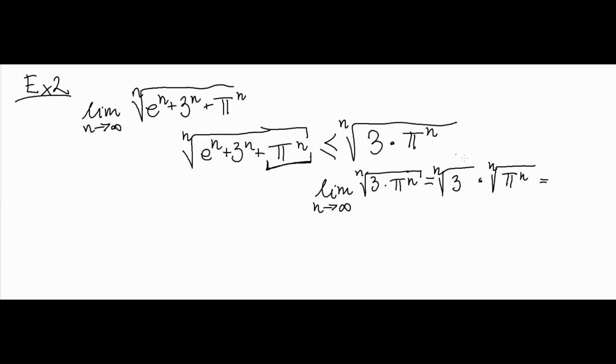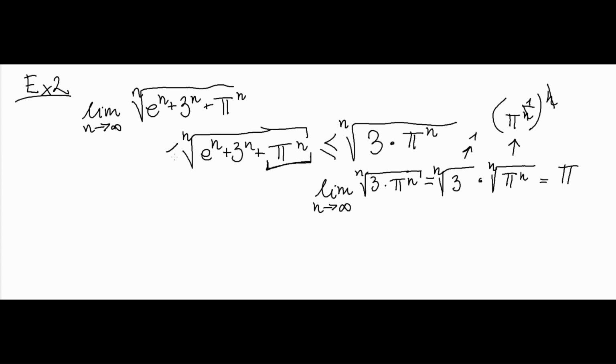From the n-th root of 3, you get 1, and you can rewrite pi as pi to the power of 1 divided by n, to the power of n. And those two n's erase each other, and from that you have left pi.